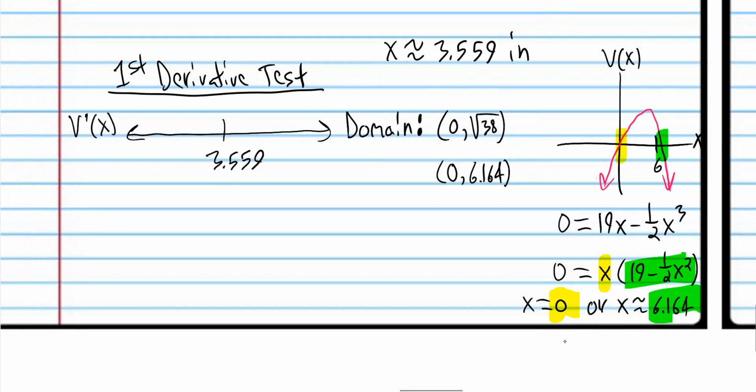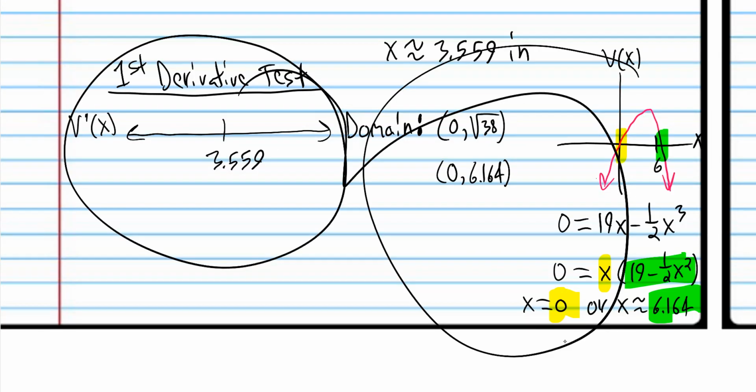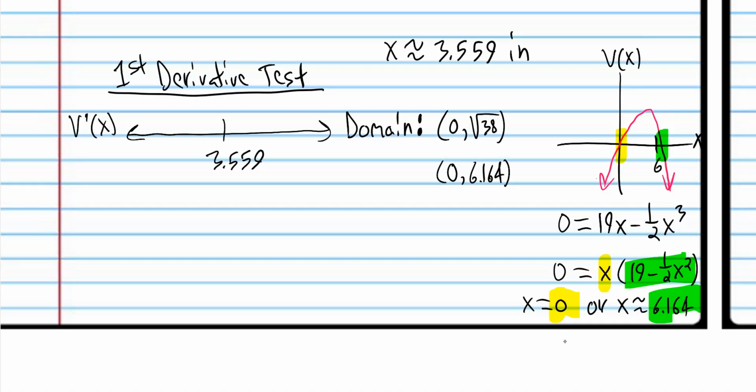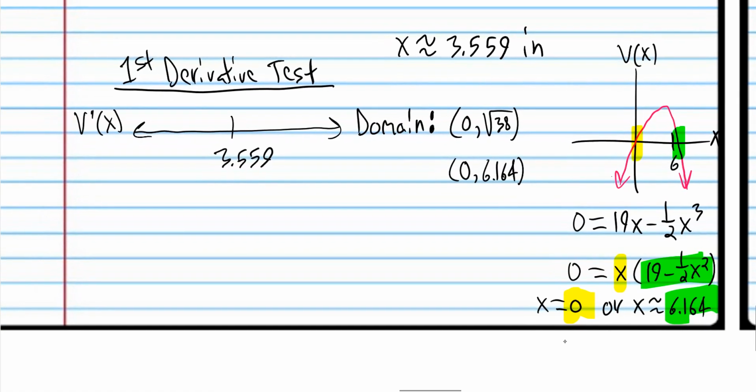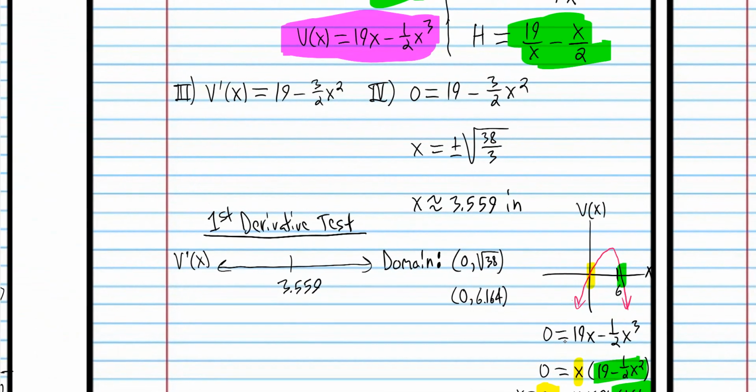And the big question is, could you get away with not finding the domain and not using the first derivative test? To be honest, you'd probably have a few points taken off in school if you didn't do this stuff. So anyway, this is our domain. Let's plug in 1, and if we plug in 1, we get a positive number.